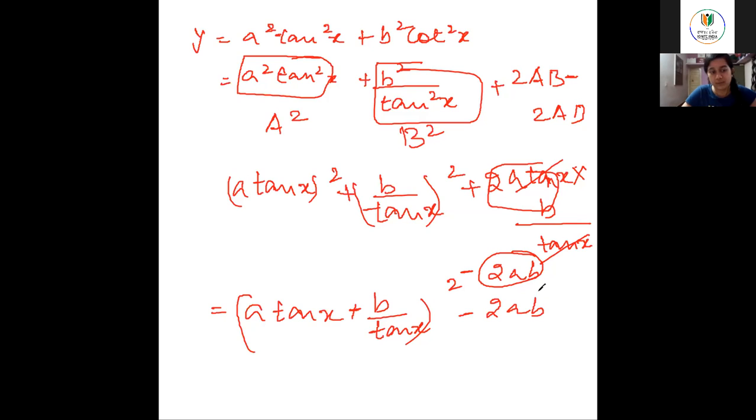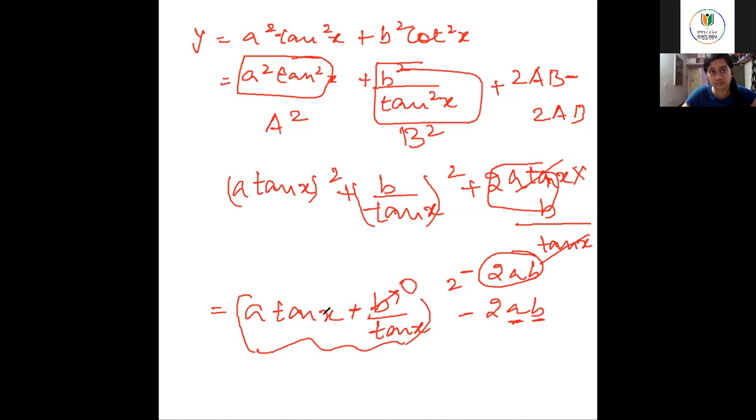If 2ab becomes 0, then one of a or b will be 0. A or B should be 0, correct? So now if A or B is 0, in this function also, suppose B is 0, so this whole thing is 0. You have only A tan square x. Getting my point?